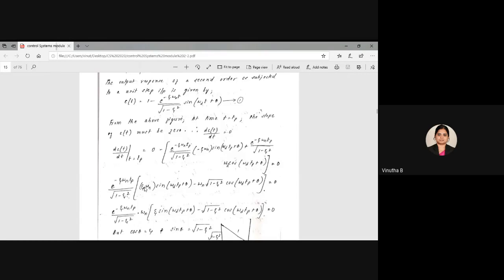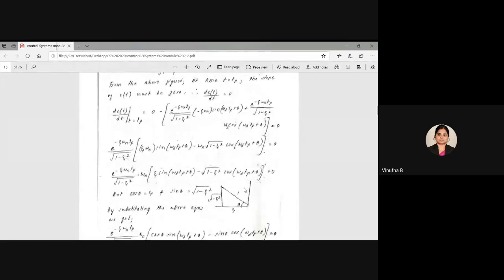So plus zeta omega n sine of omega d Tp plus theta minus, because we have taken minus as common, so this plus becomes minus here. So this minus omega n square root of 1 minus zeta square, that is omega d is written as omega n into square root of 1 minus zeta square, into cos of omega d Tp plus theta, which is equal to 0.